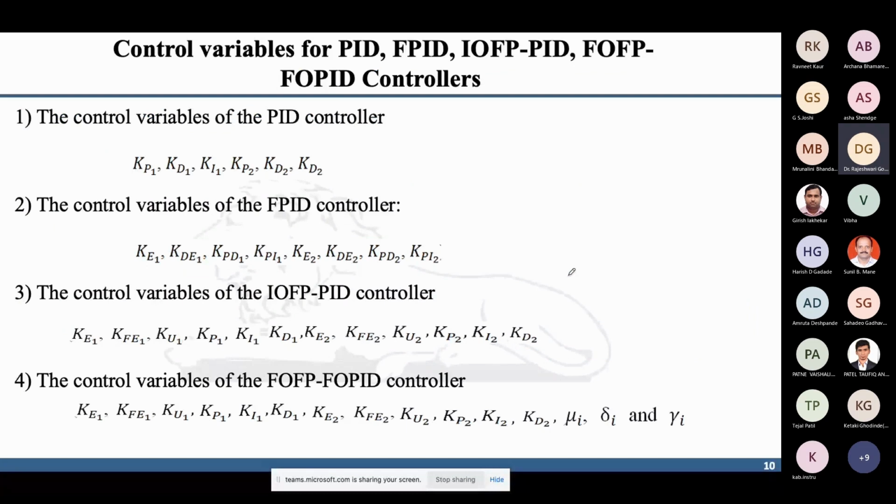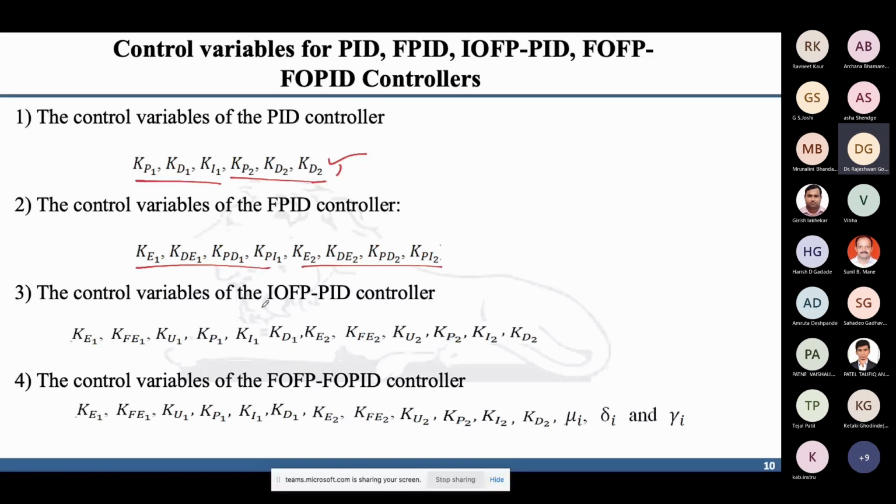Here you can see that in the PID controller, because of two links, we require two controllers, so 6 parameters we have to optimize. In the case of fuzzy PID, it has 4 parameters for one controller.